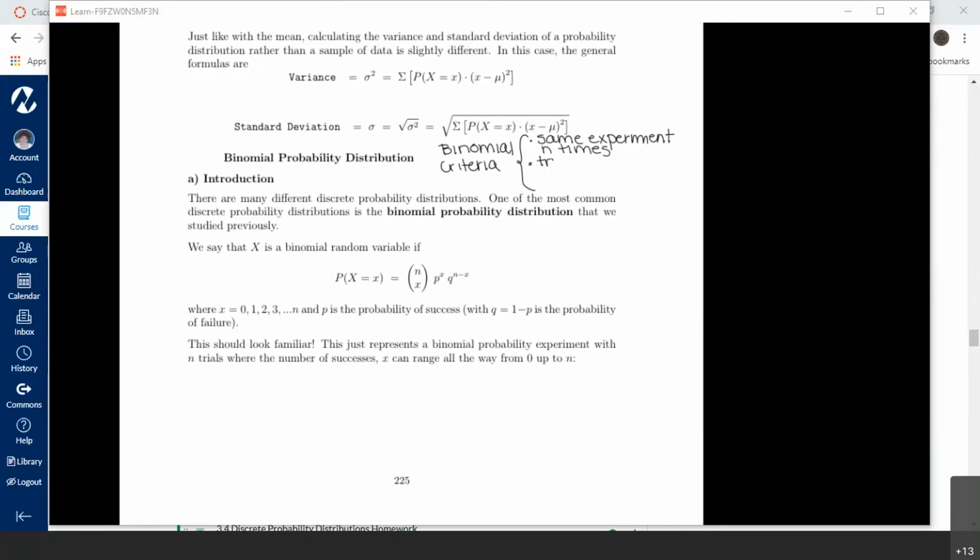The trials are independent. That means the outcome of one trial doesn't affect the probability going into the next trial, which essentially means you're sampling with replacement, you're not taking things out of the pool, or your pool is so large that if you take a few out, it won't matter. You won't affect the probability on the next trial. And there are exactly two outcomes, success and failure.